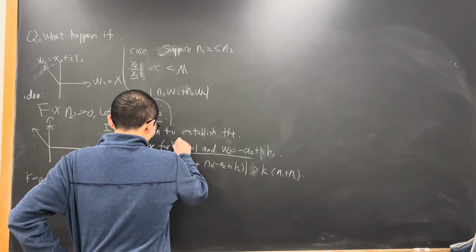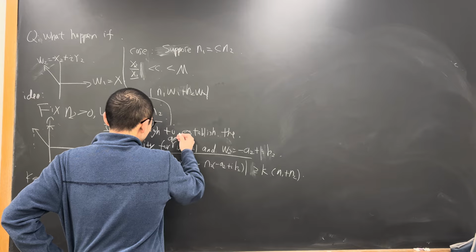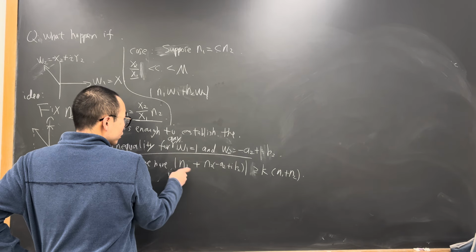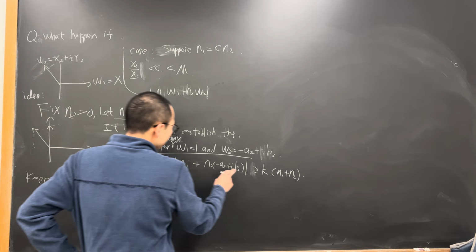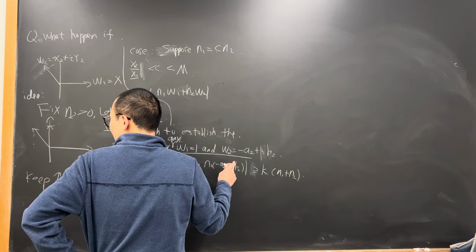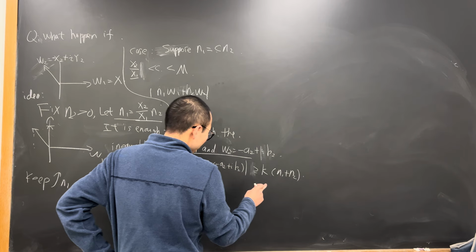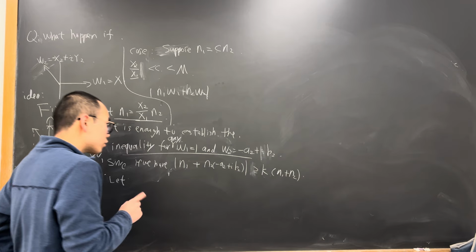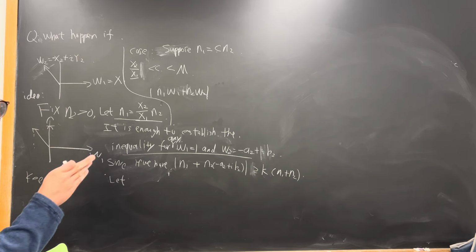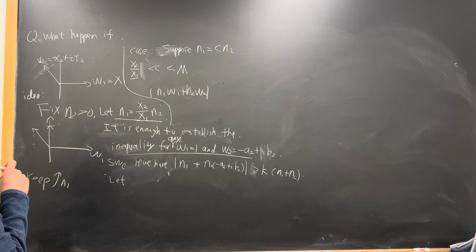so there is a constant, and I think this constant really depends on this A1, A2. For different A1, A2, you will get a different constant here.